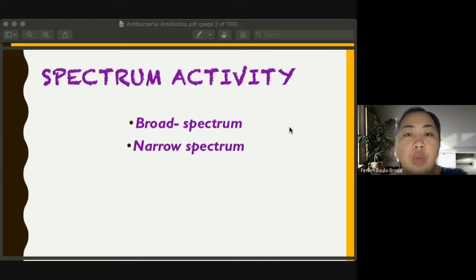If you can recall our microbiology, we have different types of infectious agents: bacteria, virus, fungi, parasites, protozoa. Today we will talk about bacteria. But even if we just focus on bacteria, there is still the classification of broad action against bacteria and narrow action against bacteria, because bacteria also have a lot of classifications.